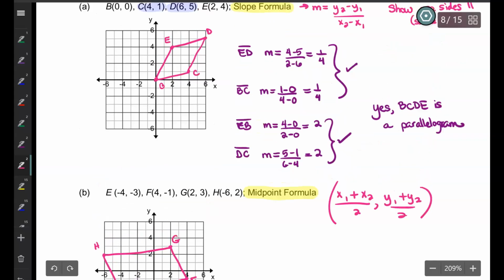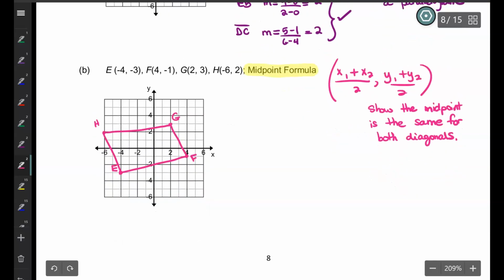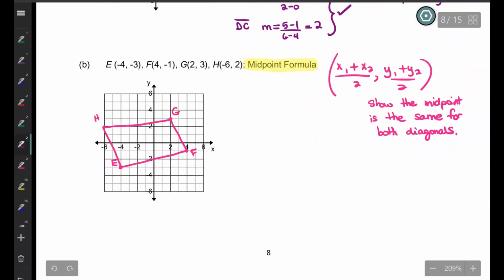And again, we want to show the midpoint is the same for both diagonals. Now what's nice about this is, remember with the slope formula we had to do that 4 times? Here we have 2 diagonals, so let's look at EG.